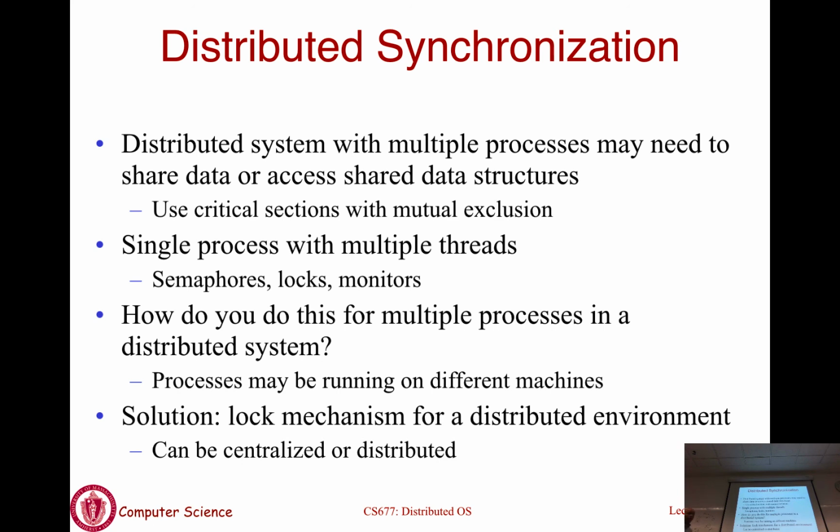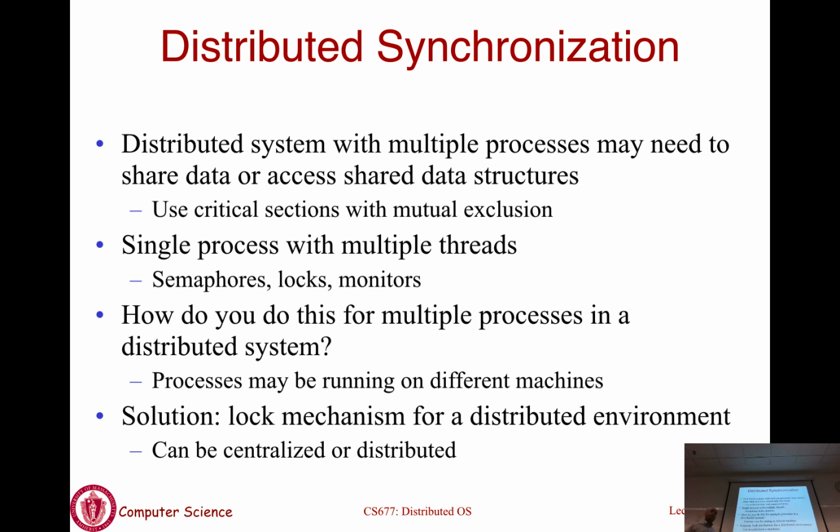Okay. So now we will switch gears and talk about a different problem, which is how do you implement locking or distributed synchronization. All of you know what a lock does. If you write multi-threaded code, whenever you try to access any shared data or you have a critical section, you have to have a lock that you acquire before the critical section or before accessing data, and you release the lock when you leave the critical section or you are done accessing data.